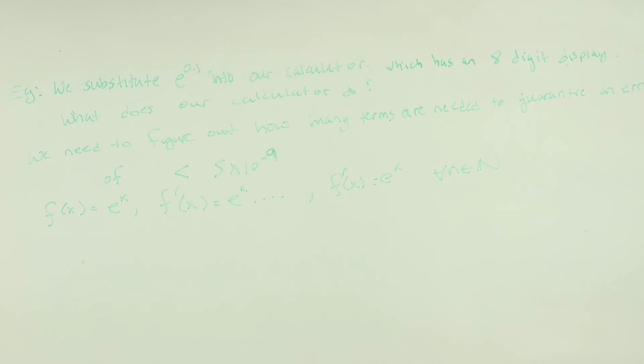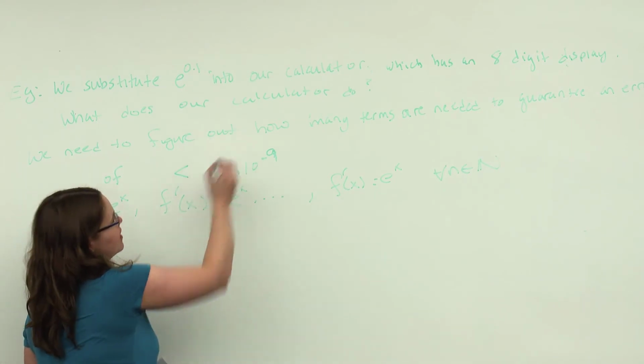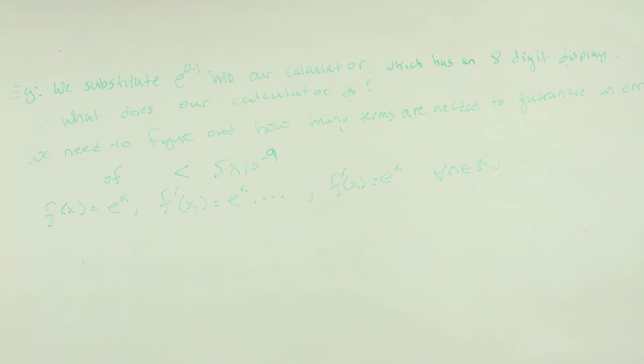And what should my x naught be? Well, x is 0.1. We're trying to approximate things. What should my x naught be? Probably 0, because I can actually evaluate these things easily at 0. Is that a 5 or is that S? This is a 5. My 5s look like s's. Apologize.